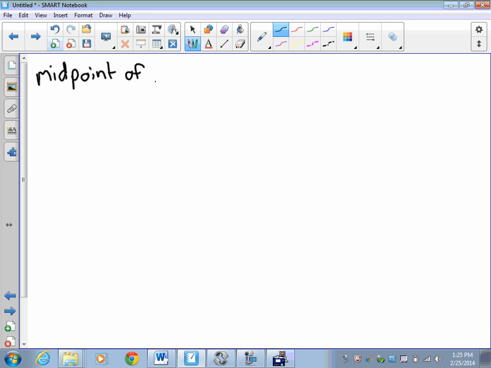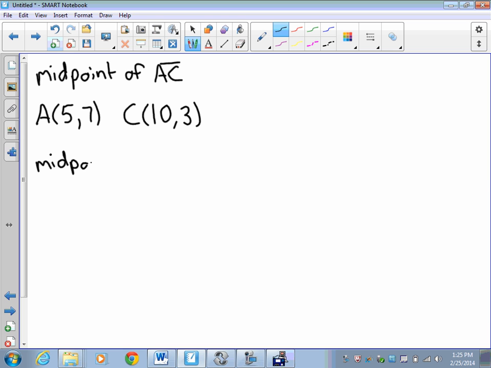So the midpoint of AC, A is (5, 7), C is (10, 3). So we have the midpoint is x1 plus x2 over 2 and y1 plus y2 over 2.